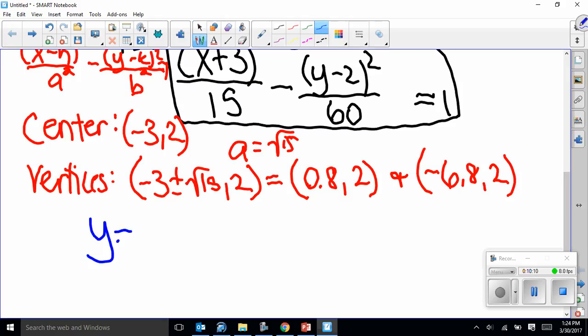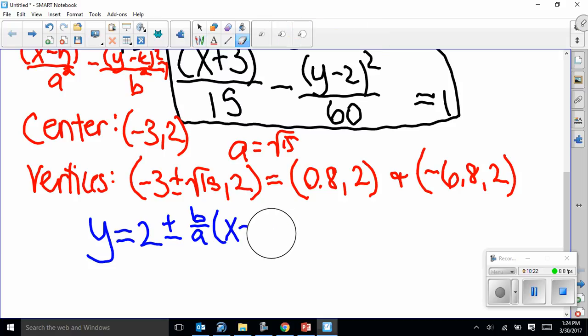So y equals our k is 2 plus or minus b over a, x minus h. And our h for this one was negative 3. So we'll add 3.